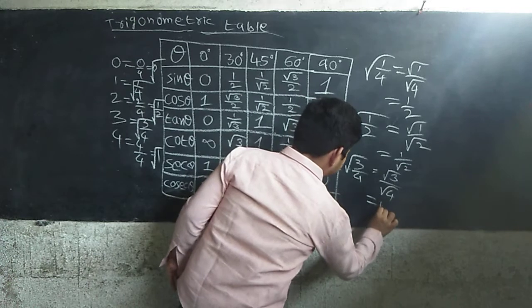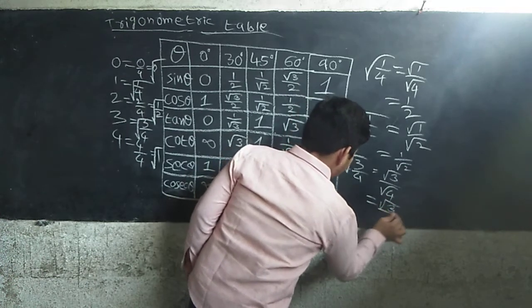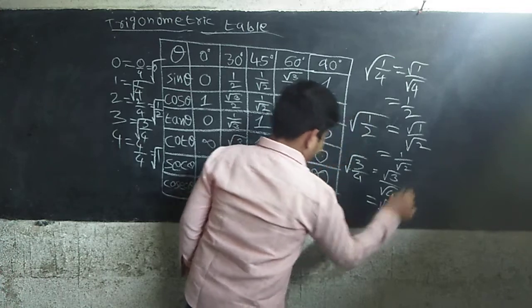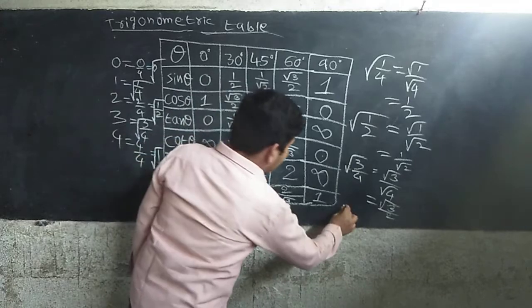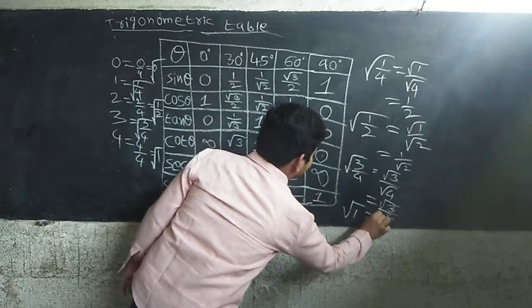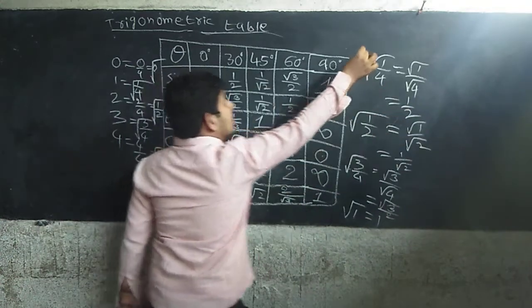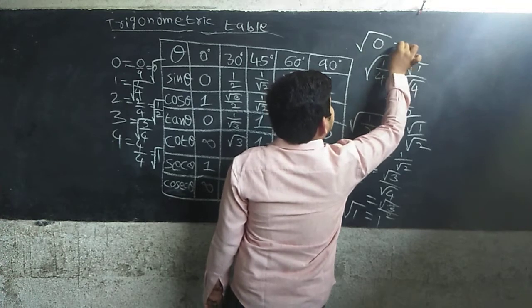Root 3 by 2. Next root 1. Root 1 equal to 1. Similarly, root 0 equal to 0.